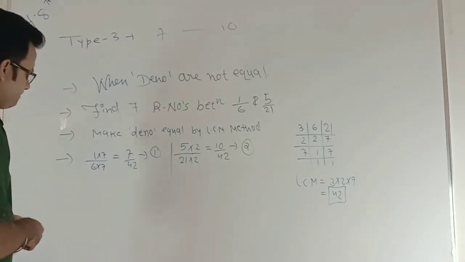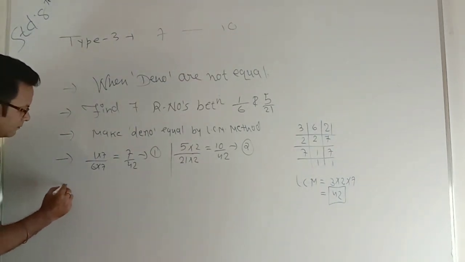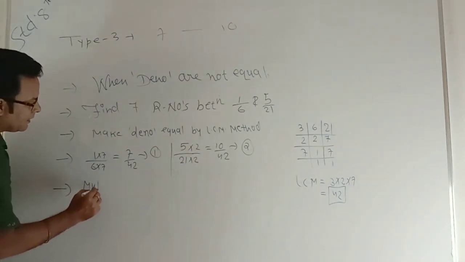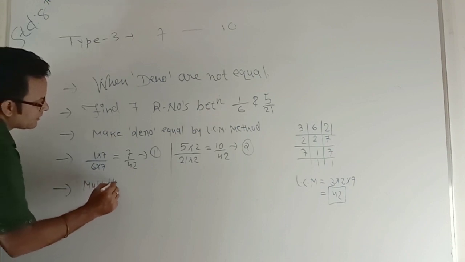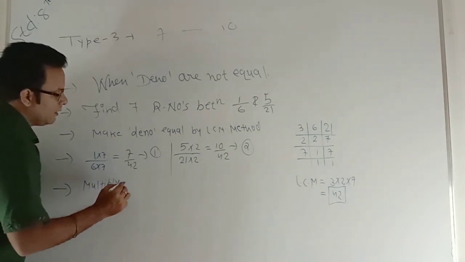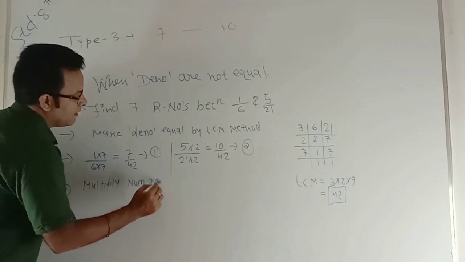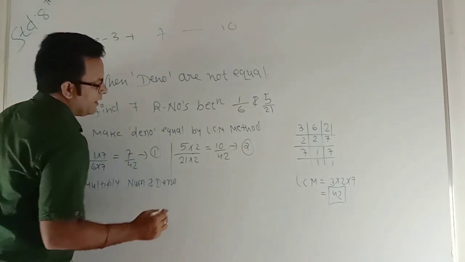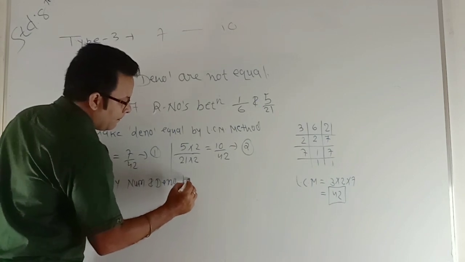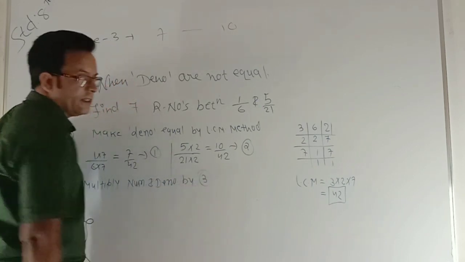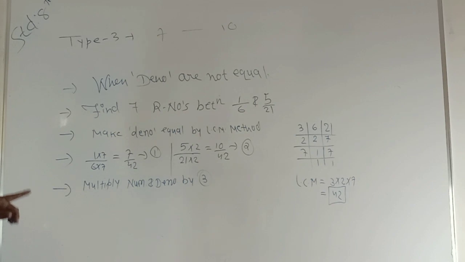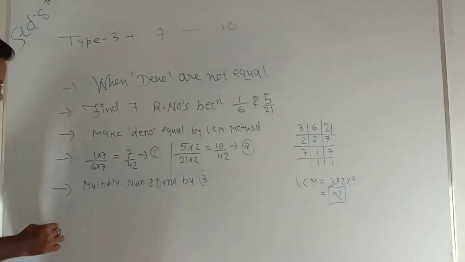So multiply numerator and denominator by 3. You have to multiply these two fractions by 3.